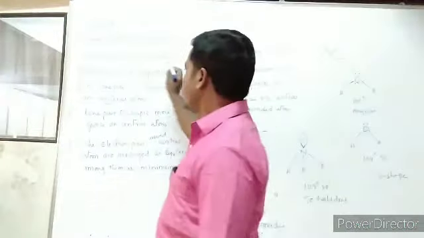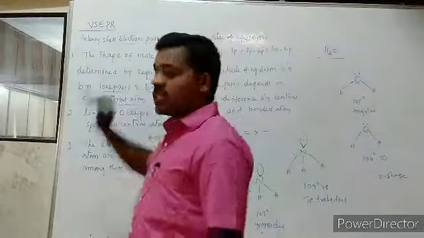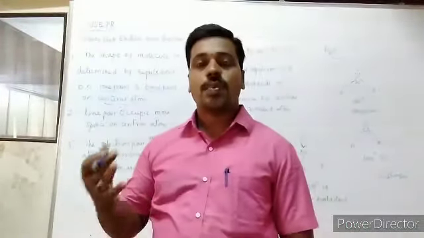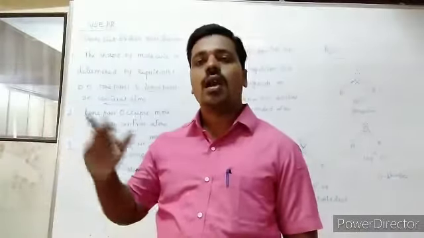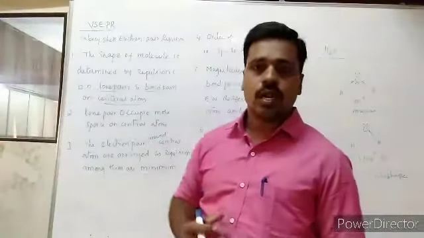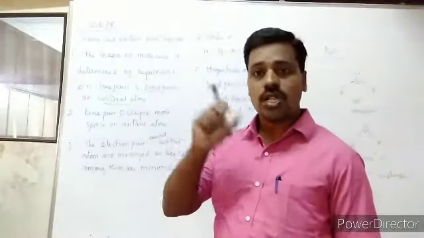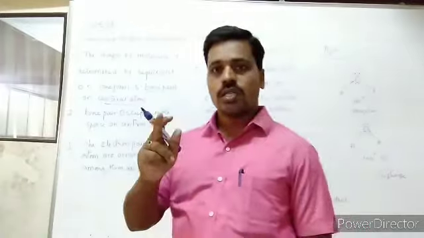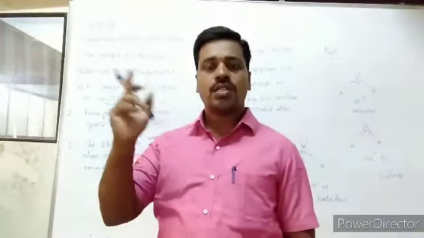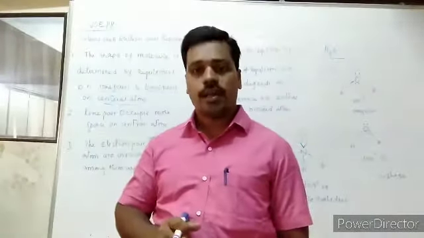So the shape of the molecule is determined by repulsions between lone pairs and bond pairs present on the central atom. From the first postulate we should understand that for any molecule the shape depends upon two things: lone pairs and bond pairs, and the repulsions between them on the central atom.